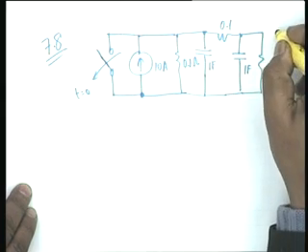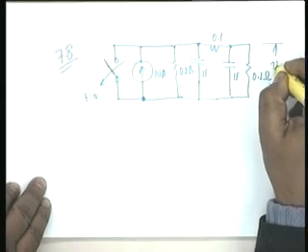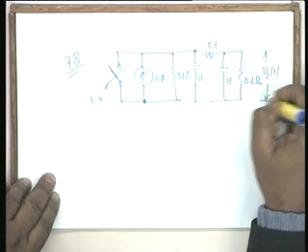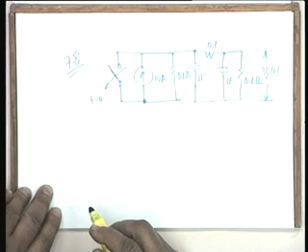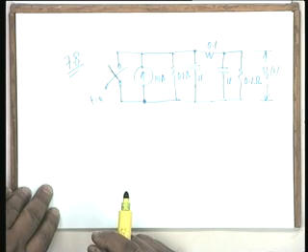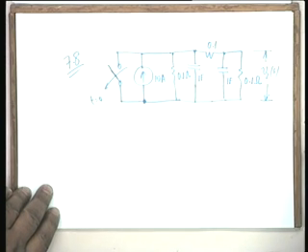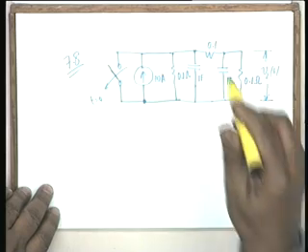The response that is needed is the voltage across this parallel combination. Okay. And you have to solve this network by application of Norton's theorem.